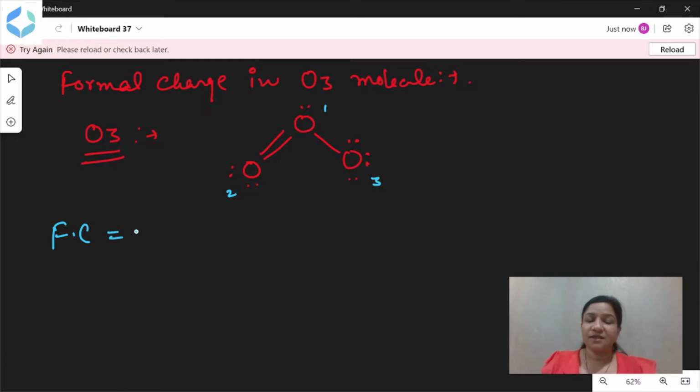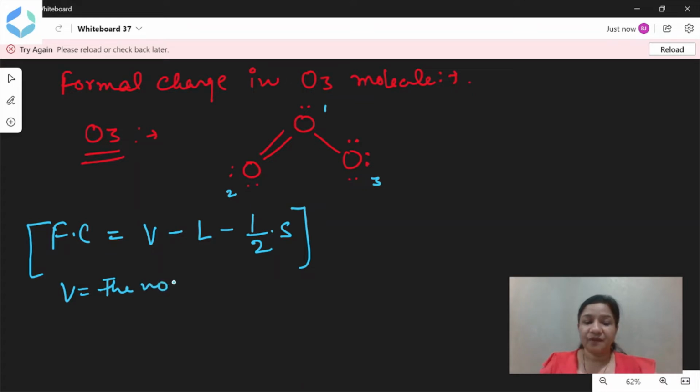So formal charge is equal to V minus L minus half into S. This is the formula you need to use to calculate the formal charge on each atom, where V represents the number of valence shell electrons in the free atom.